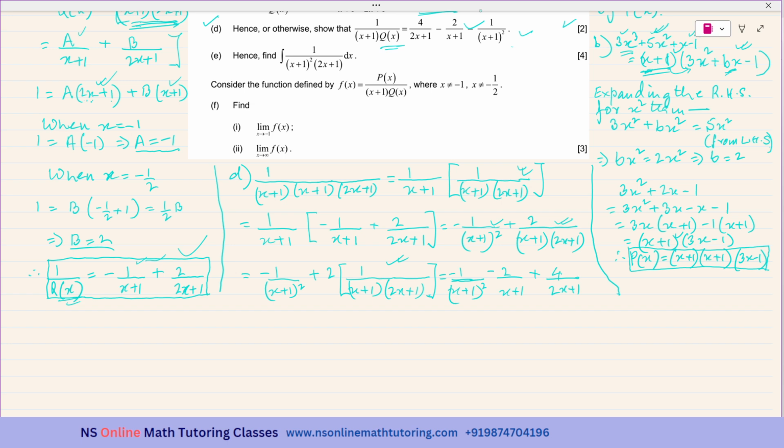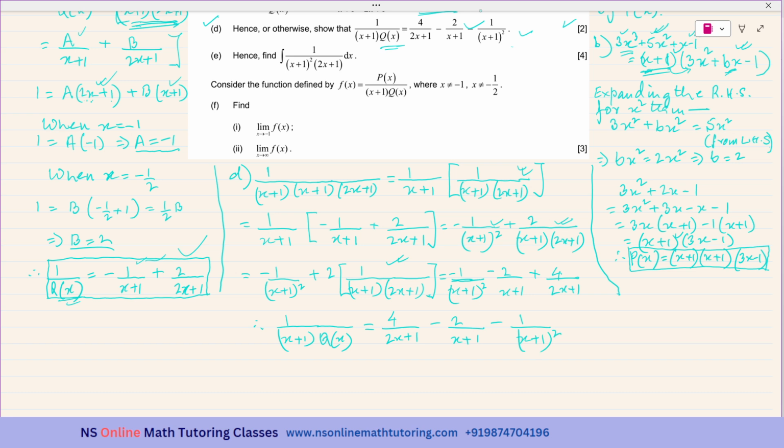So rewriting this, we get 1 over x plus 1 times q of x is equal to 4 over 2x plus 1 minus 2 over x plus 1 minus 1 over x plus 1 whole square.